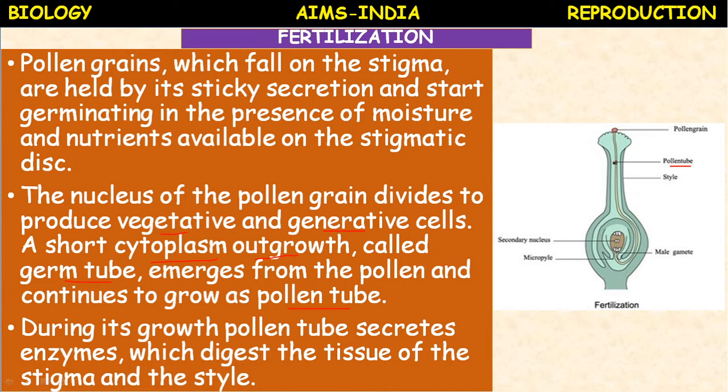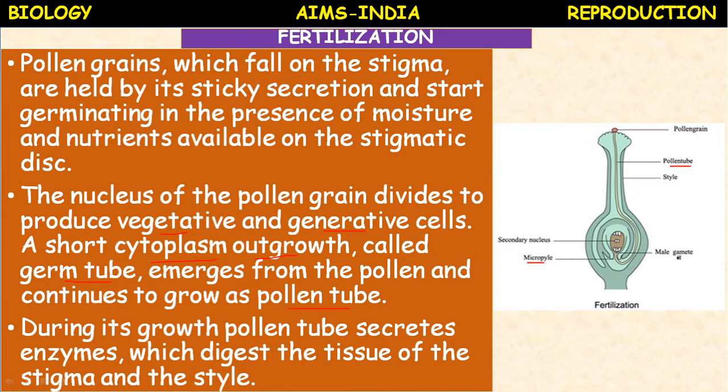The pollen tube grows lengthwise and opens into the ovule. The region through which the pollen tube enters the embryo sac is the micropyle, the opening of the ovule.